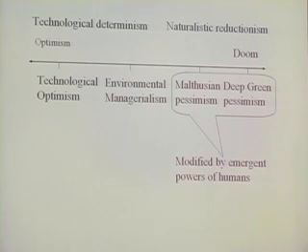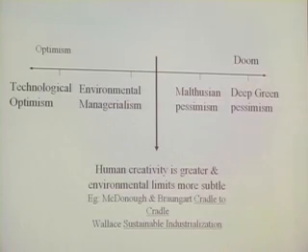As a result, we think that there's a reality ahead on the environment which goes in between this range of different positions of thinking about human relationship to the environment. And we think that the Environmental Sustainability Index, though they didn't do it consciously, is managing to negotiate between the two extremes of doom and optimism and between the fallacies of technological determinism and naturalistic reductionism.